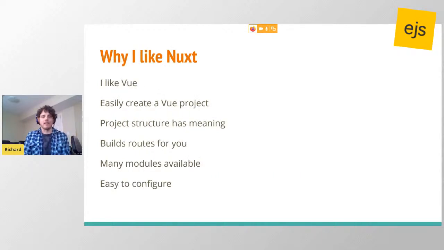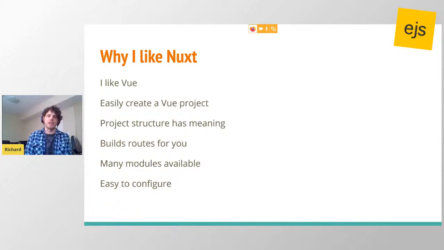So why I like Nuxt. I like Vue. It's probably my favorite right now for just building UIs. It allows you to easily create a Vue project. So if you've ever spun one up from start, plugging in all the libraries and modules and all the add-ons can quickly become a huge headache to get it all working together.